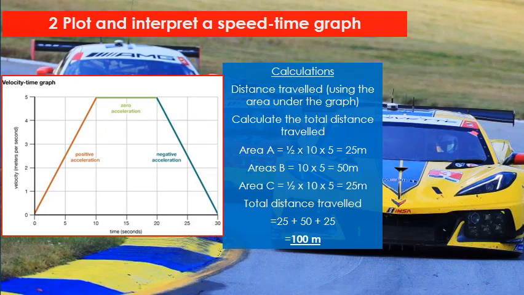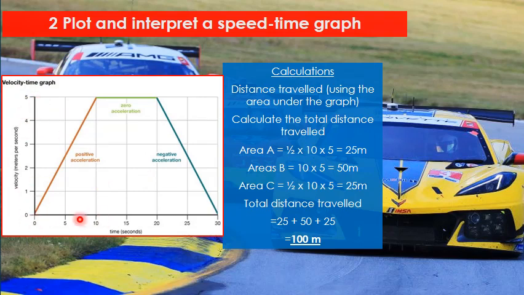Let's calculate the area of the first part and then the area of the second part. The first part is a triangle, so you say half base times height. The base is 10, the height is 5, using the graduations given here.